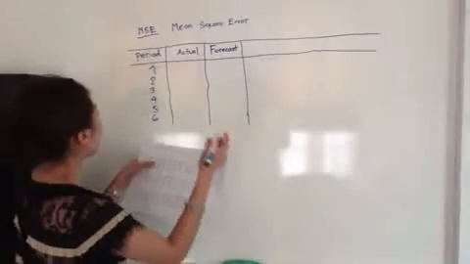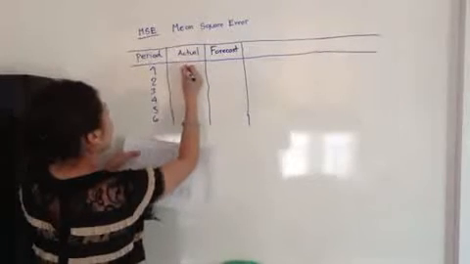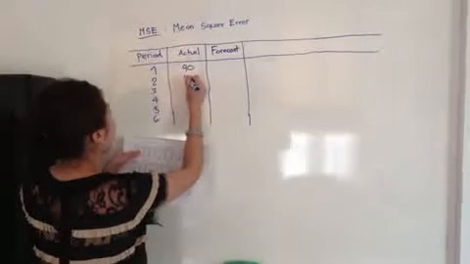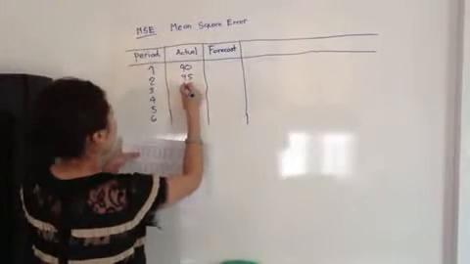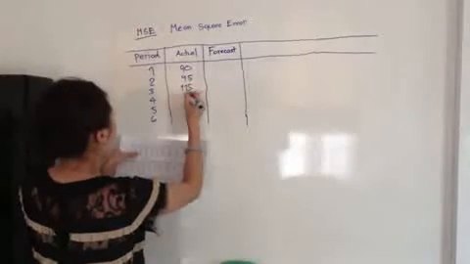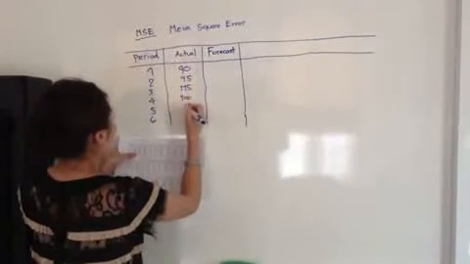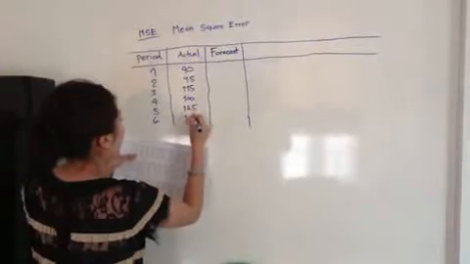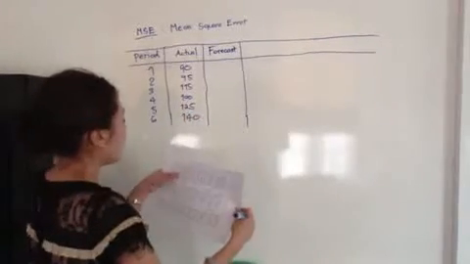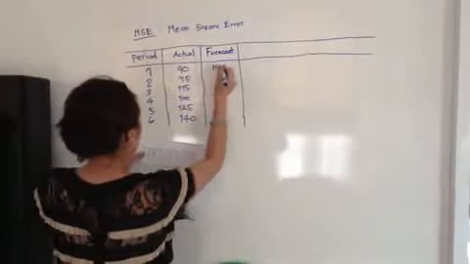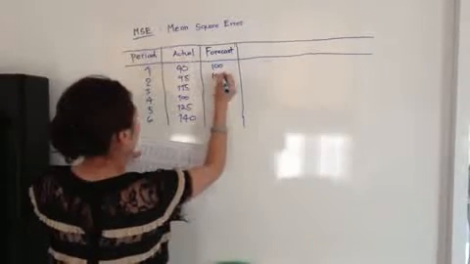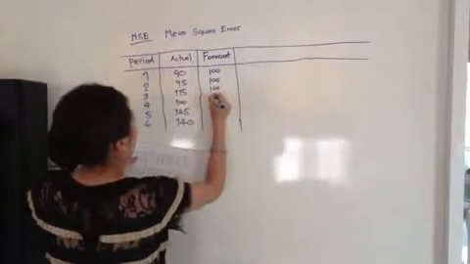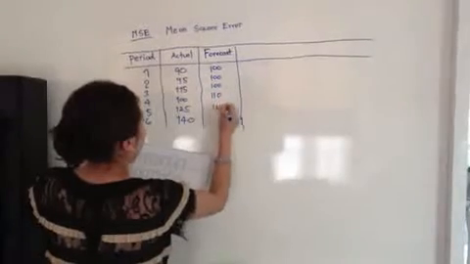The actual number for period 1 is 90, period 2 is 95, period 3 is 115, period 4 is 100, period 5 is 125, and the 6th period is 140. And the forecast number for period 1 is 100, 100, 100, and the rest is 110.